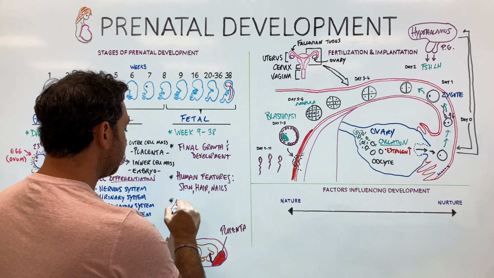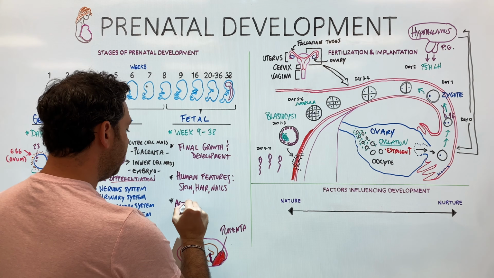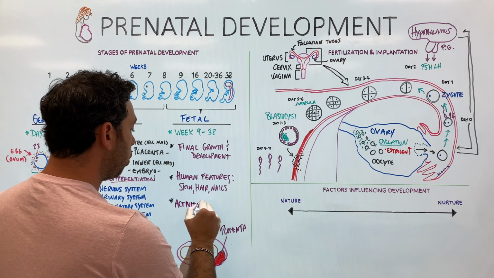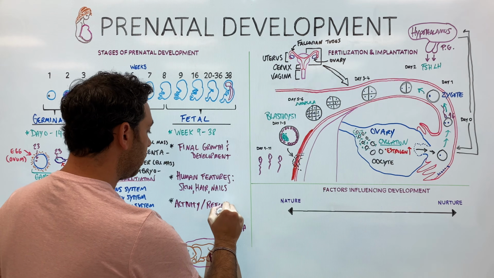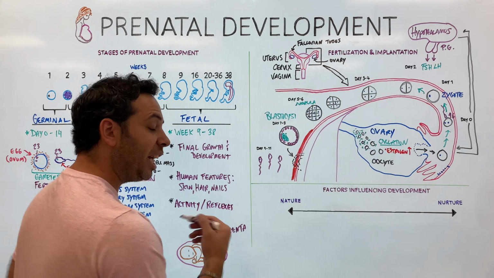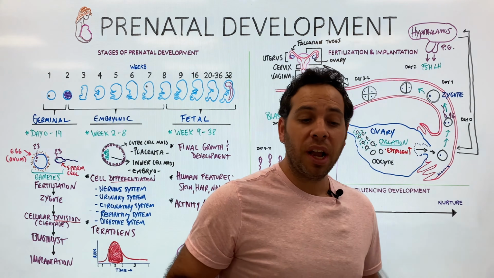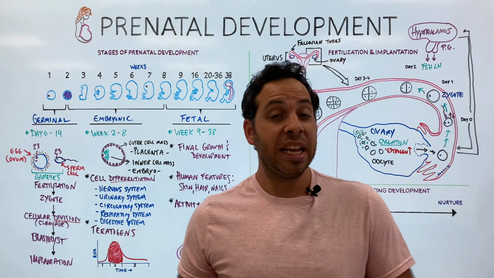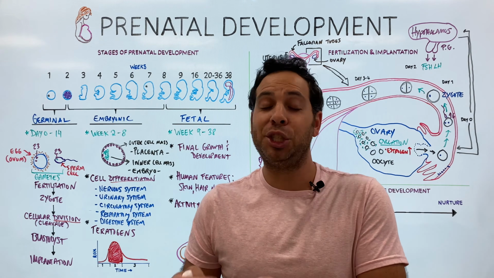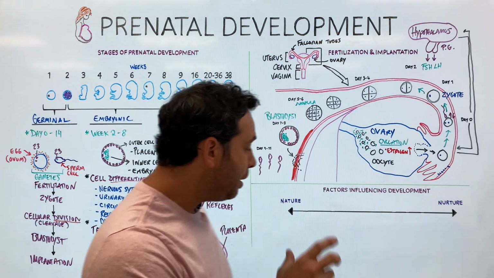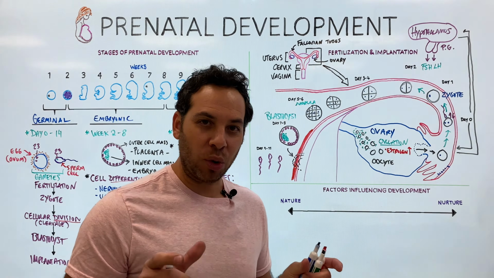We don't see this in the other stages. So we have activity and coordinated reflexes. So the baby might have a grasping reflex. They might suck their thumb. They're going to kick. They can hear the mom's voice or hear the outside world, so they start responding to environmental stimuli. The baby is ready for the outside world.